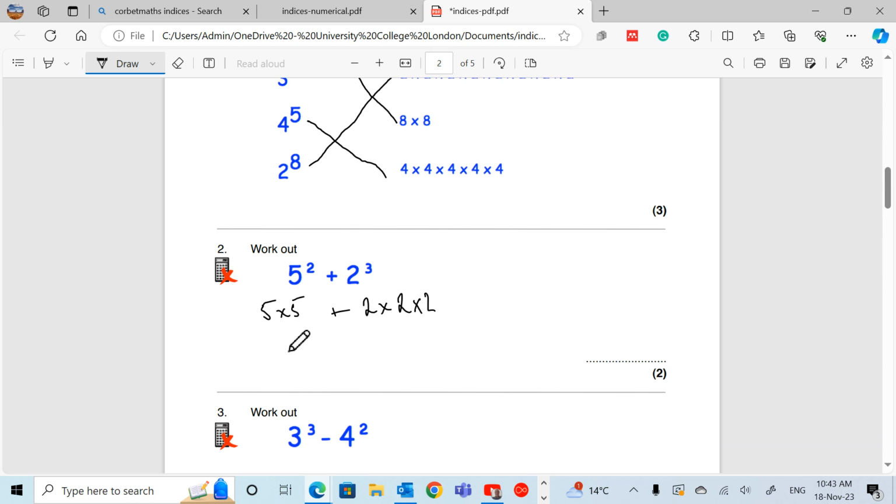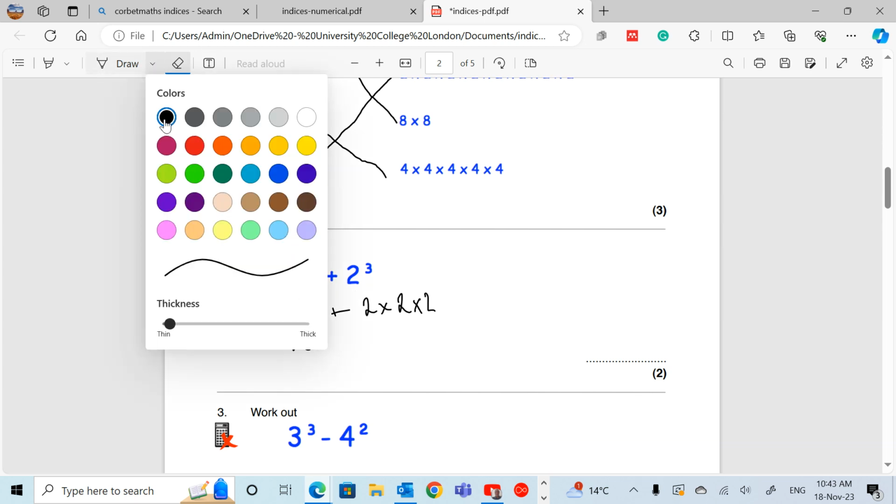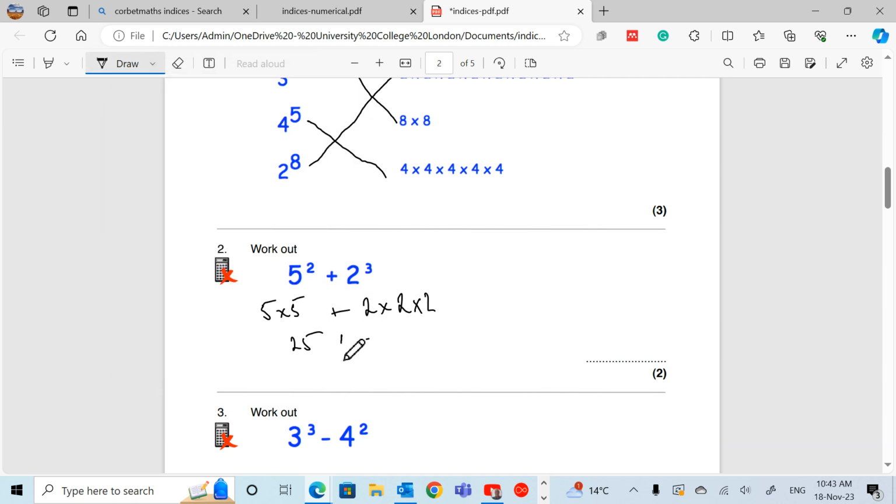So 5 times 5 we know is 25, and 2 cubed is 2 times 2, which is 4, times 2 is 8. And 25 plus 8, the answer is 33.